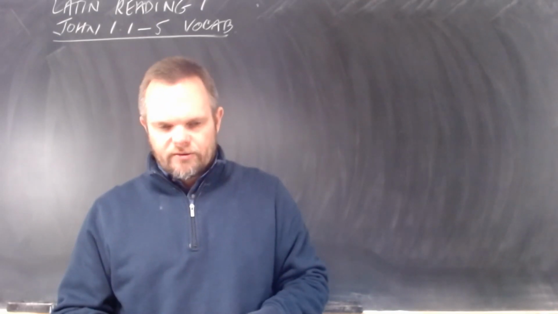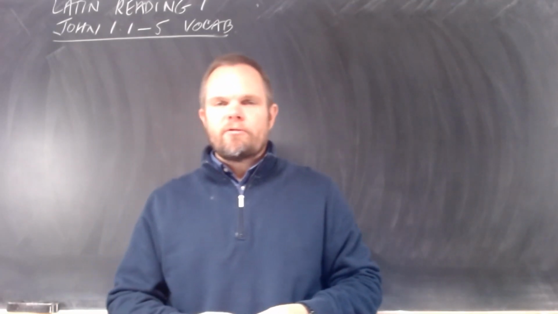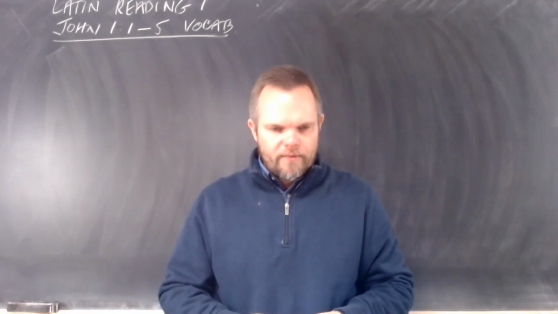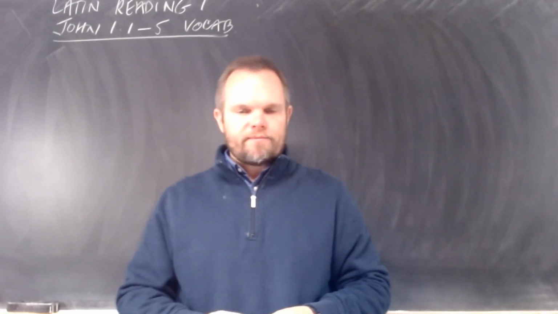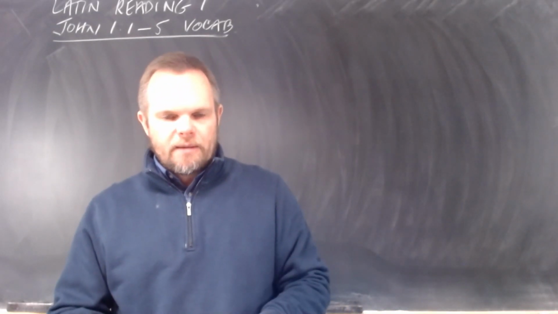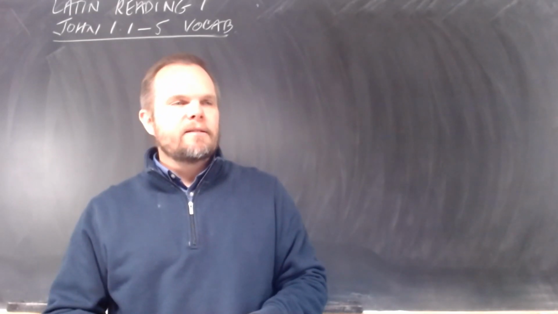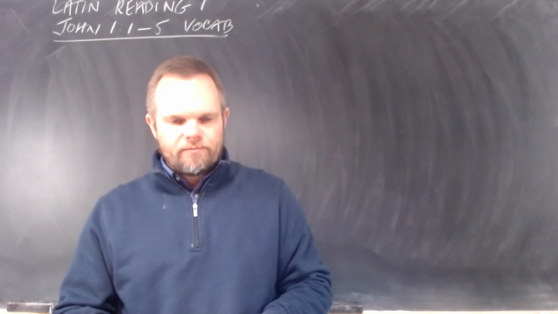In the first video, in the first class, we went through the translation of John chapter 1, verses 1 through 5. In principio erat verbum, et verbum erat apud Deum, et Deus erat verbum. Hoc erat in principio apud Deum.